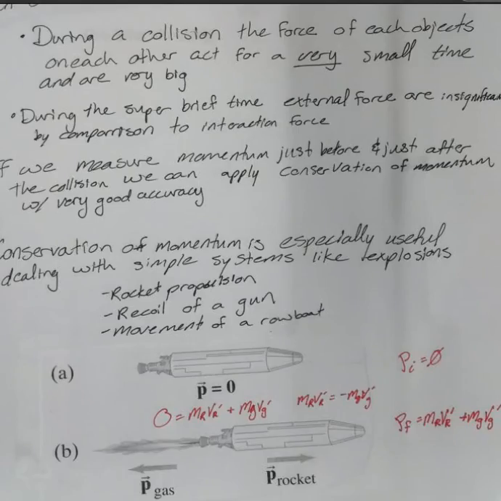The gas does not need to push against the ground, nor does it need to push against a force of gravity, which means that this completely isolated system will be able to have acceleration, forward momentum gained by the rocket, and the rocket can accelerate in empty space.